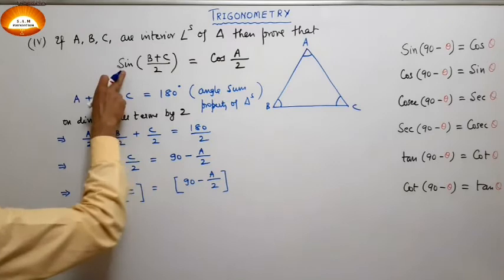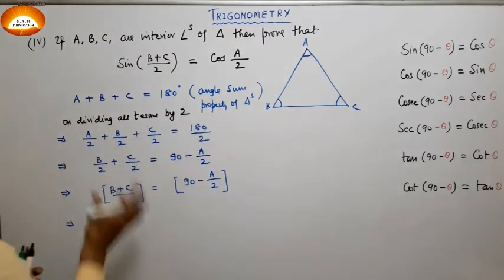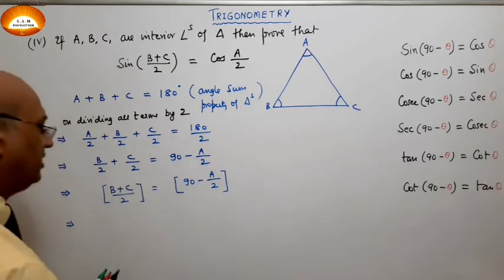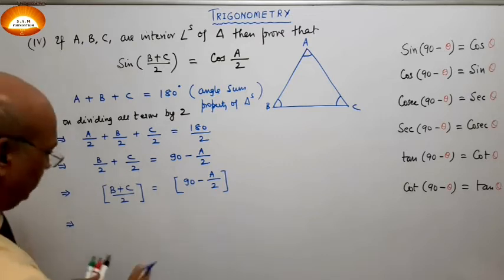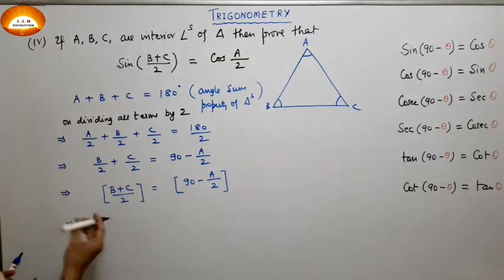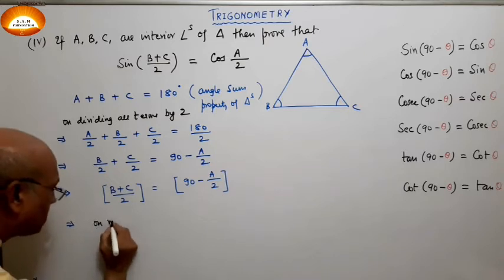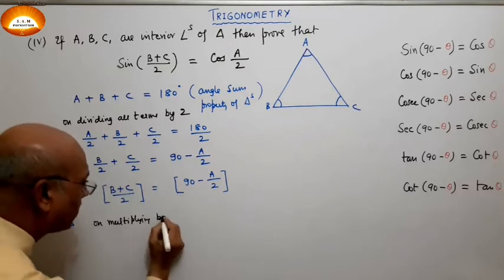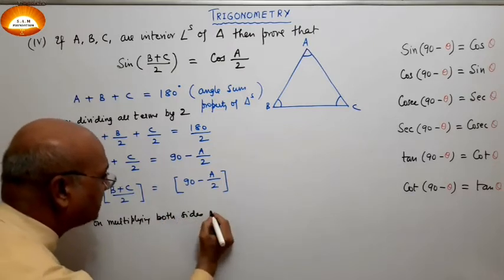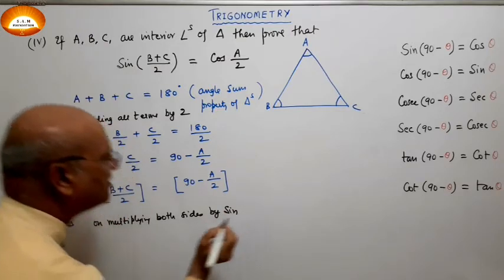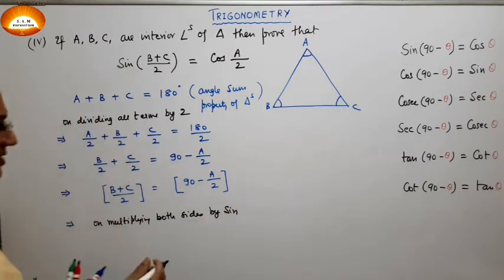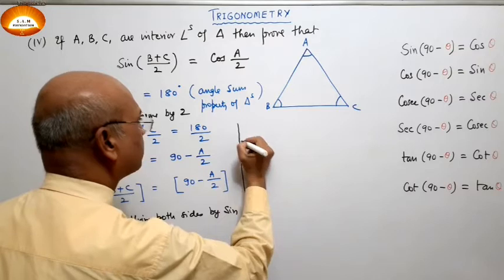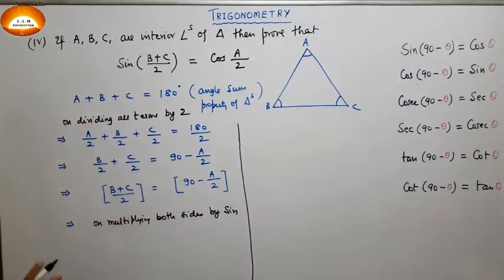Now see here, we want sine on the left hand side. Okay, so we have to now introduce the trigonometric ratios. Both sides we are going to multiply with the sine ratio. We can do it, it's an equation. This term and this term, both we can multiply by sine. So here we are going to write, on multiplying both sides by sine. Now both the sides I am multiplying by sine.